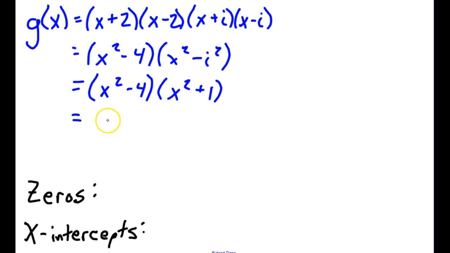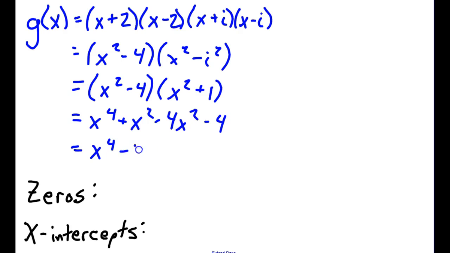We would get x squared times x squared, x to the fourth, plus x squared minus 4x squared minus 4. Then simplify like terms, we get x to the fourth minus 3x squared minus 4. Now we have a polynomial in standard form.